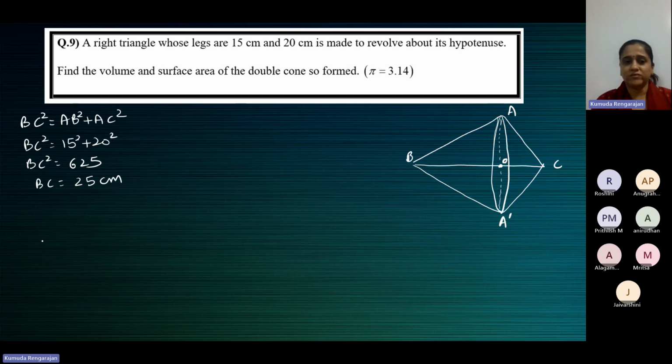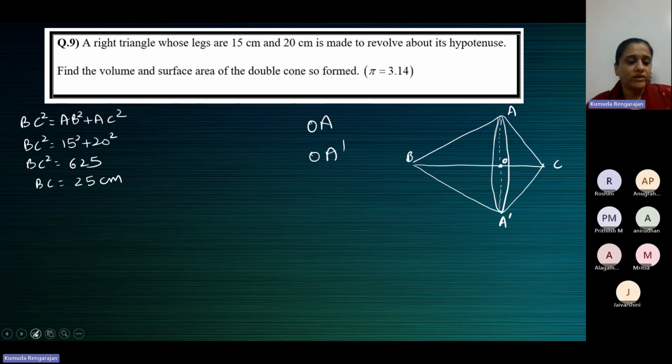This is all we can find with the information given. Now, OA or OA dash is the radius of the two cones, correct?